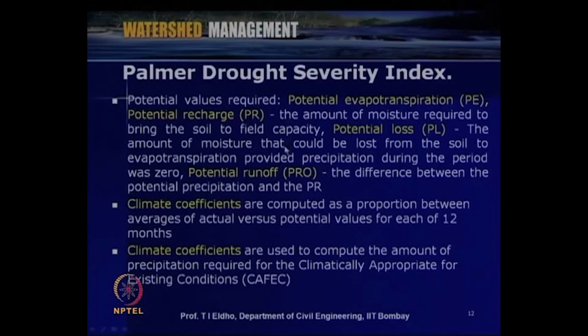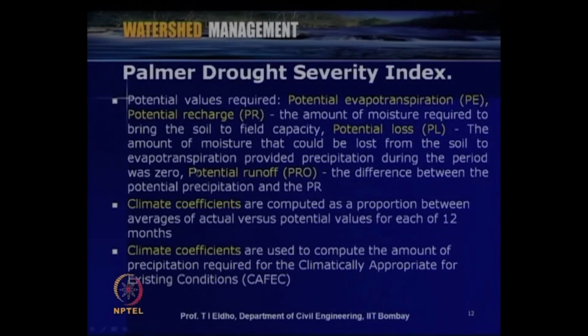So, that way this Palmer drought severity index is designed, and the climate coefficients are computed as a proportion between the averages of actual versus potential values for each of 12 months. Accordingly, we can identify actual versus potential values, and then we can have the climate coefficients, and the climate coefficients are used to compute the amount of precipitation climatically appropriate for existing conditions.